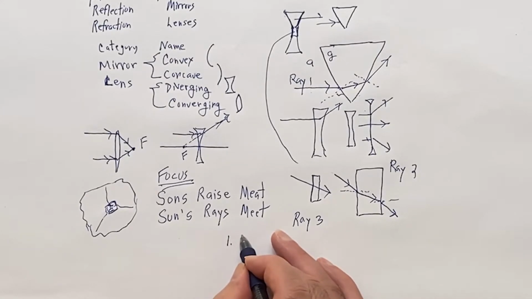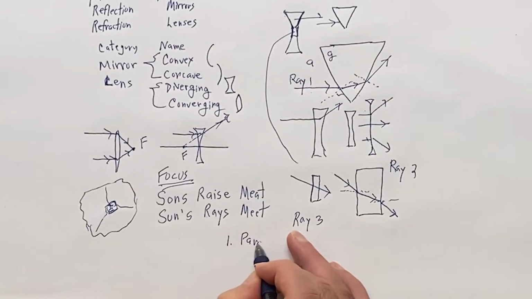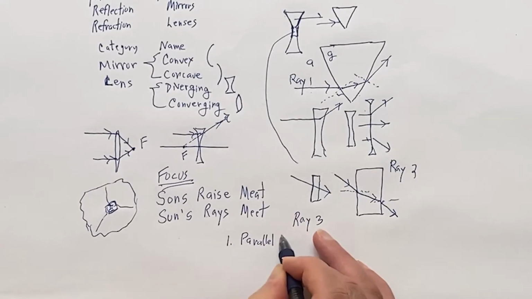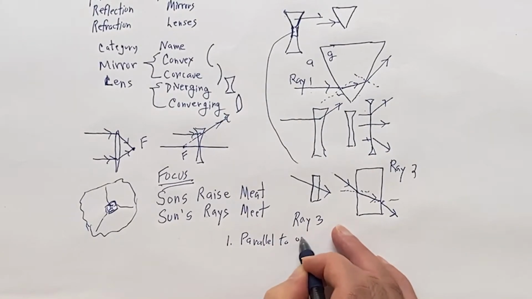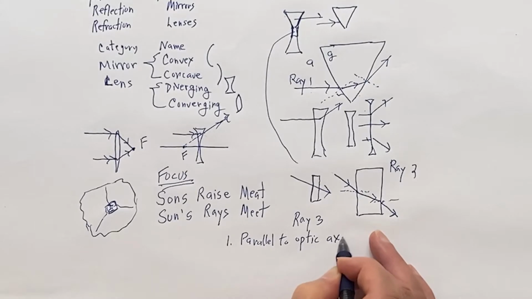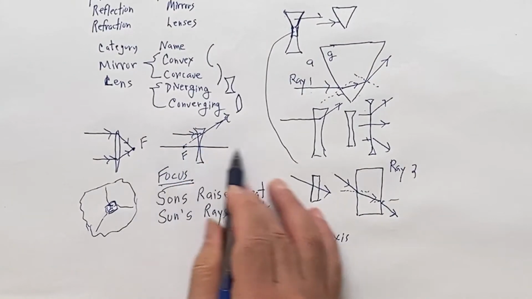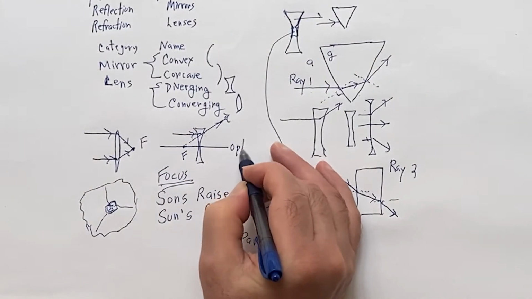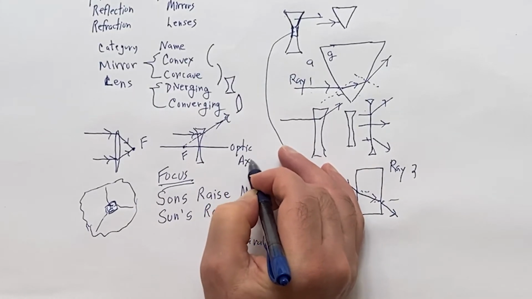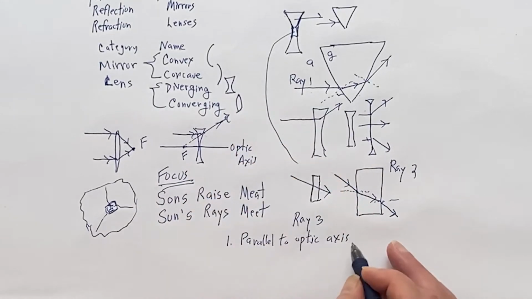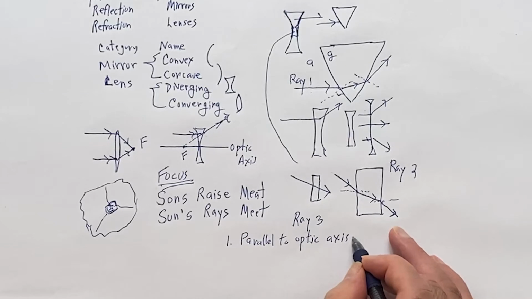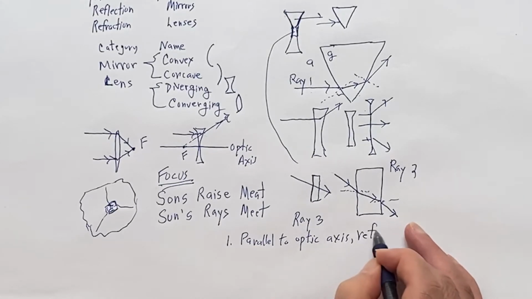So ray 1, if you're parallel to the optic axis, this is the optic axis, going through the center of the optical element, then that's going to refract.